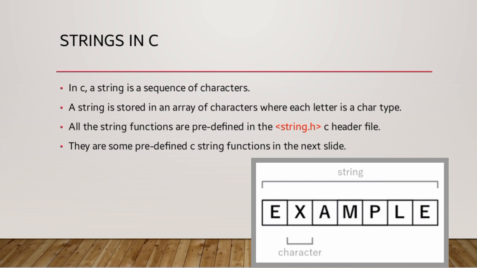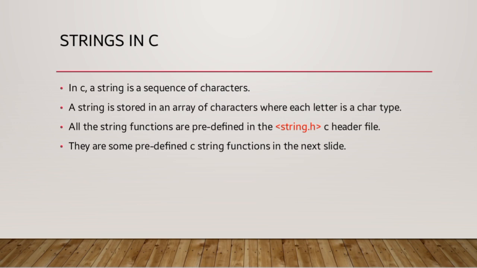So C suggested that since I recognize what characters are, and since words and sentences are actually made up of letters, and each letter is a character data type, why not store these words in the form of characters?